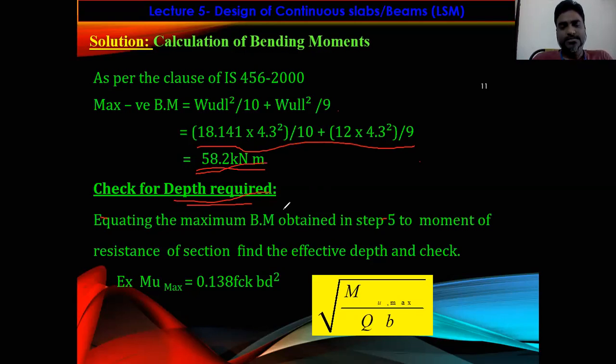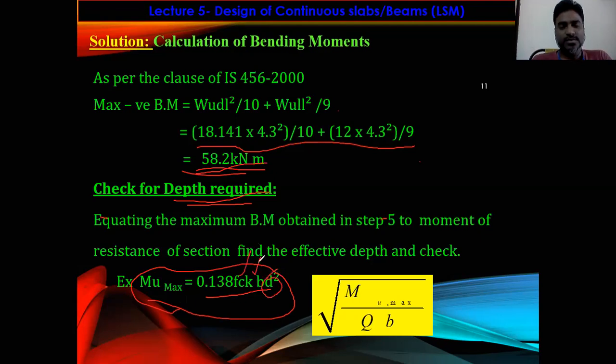That Xu max can be calculated as per IS 456:2000, based on the grade of steel. For Fe 415, Mu max is equal to 0.138 fck b d square. This should be equal to this bending moment, and here fck is known, b is known, but d is unknown.